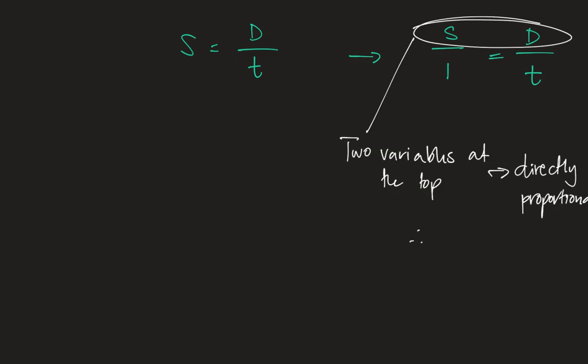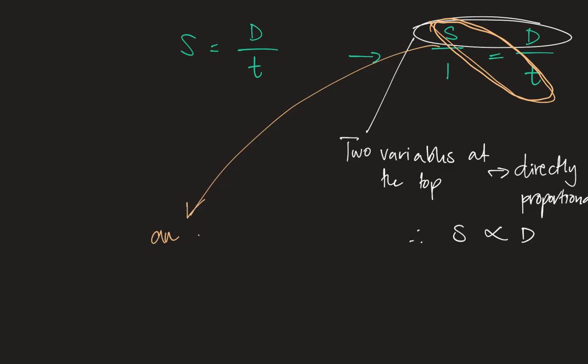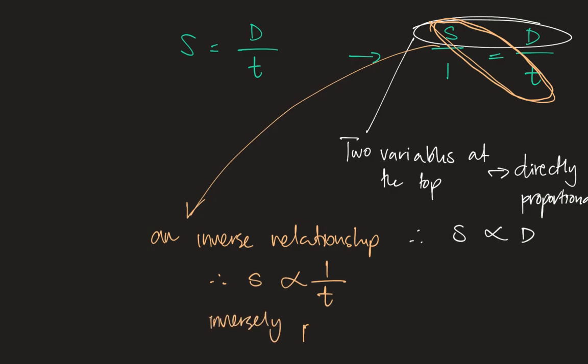So therefore, speed is directly proportional to distance. If one variable is at the top of the fraction and the other variable is at the bottom, it forms this kind of shape, and we call that an inverse relationship. So therefore, speed is inversely proportional to time.